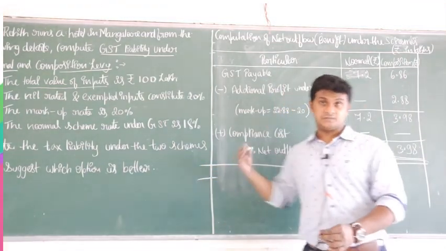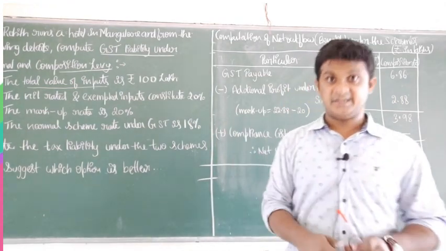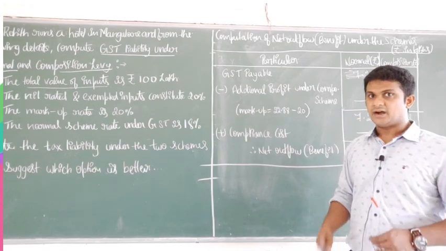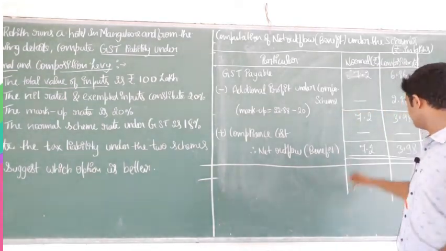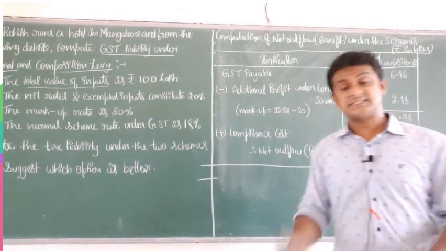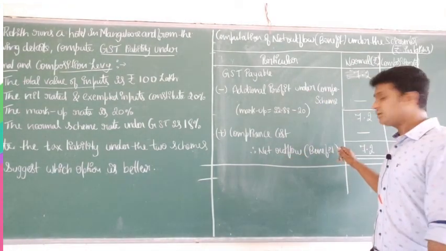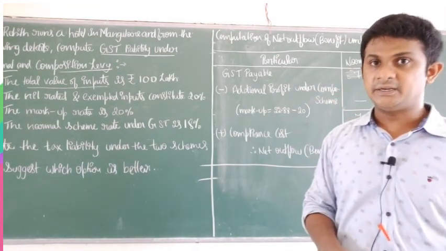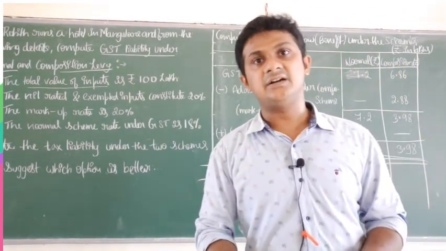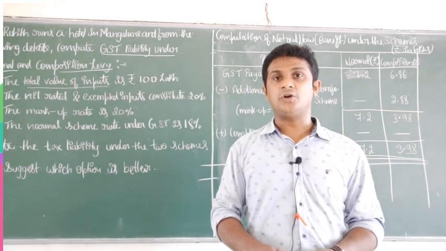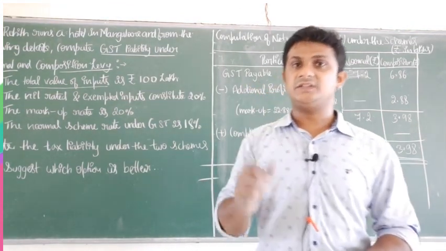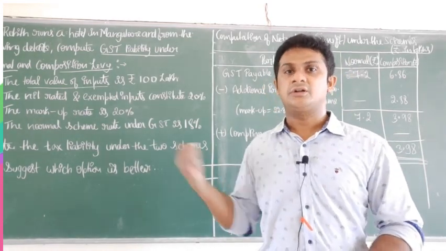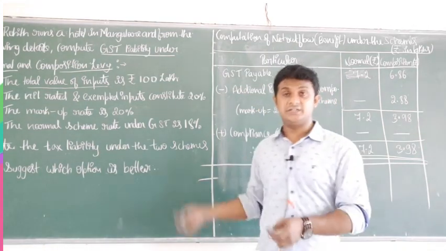On the basis of this value, we are giving a suggestion to Rohit, and our suggestion will be: since the net outflow under composition scheme, that is 3.98, is lesser than the net outflow under normal scheme, which is 7.2, therefore we recommend Rohit, who is running a restaurant business, can opt for composition scheme. This interpretation or conclusion you have to write to complete the solution to these problems. So this is the final solution to this problem.